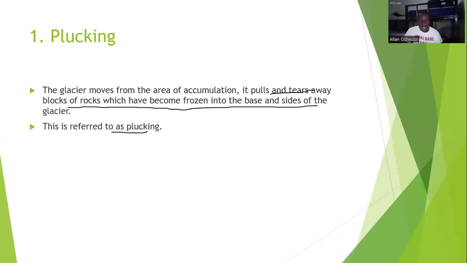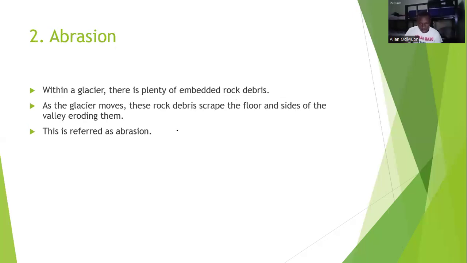This is referred to as plucking. Number two, abrasion. Within the glacier, there is plenty of embedded rock debris. So as the glacier moves, this rock debris scrapes at the floor of the valley, eroding. This is referred to as abrasion.